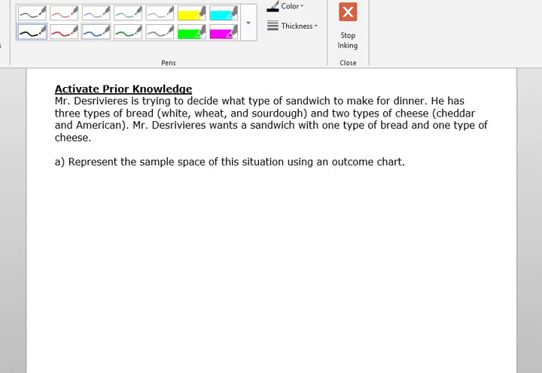Okay, great. So let's first activate prior knowledge. Mr. DeShriever is trying to decide which type of sandwich to make for dinner. He has 3 types of bread: white, wheat, and sourdough, and 2 types of cheese: cheddar and American.